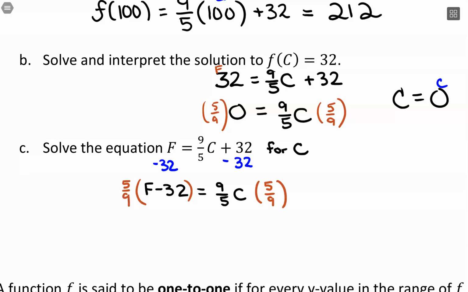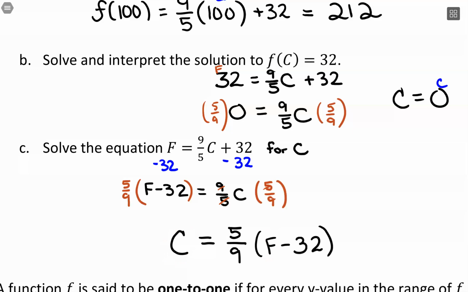So on this right-hand side of the equation, all those values cancel out, and all we'll have left over is C equals, and I'm going to leave that fraction factored out, 5/9 times F minus 32. Now what I have here is a function where I can input Fahrenheit and get this output of Celsius.